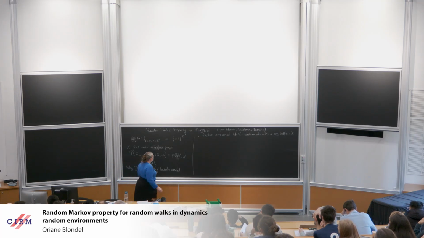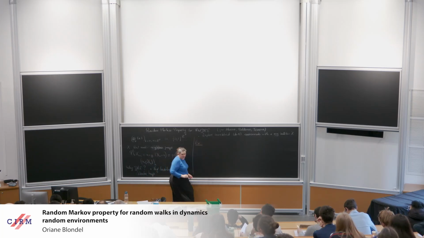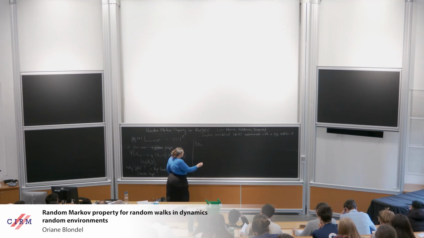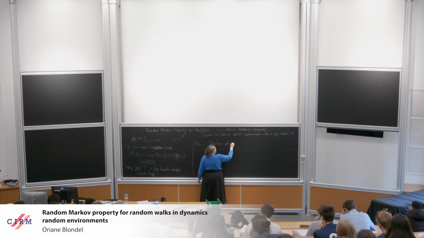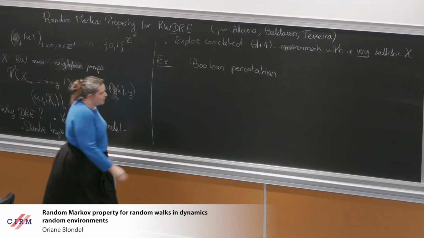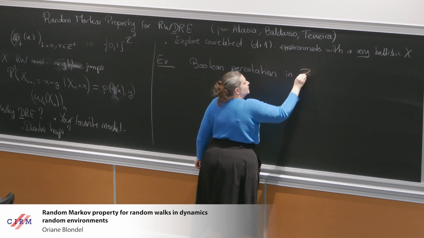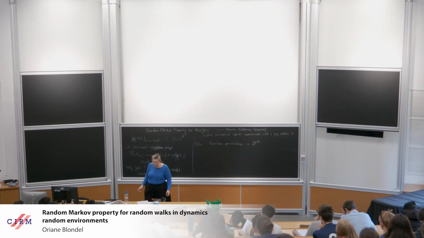So the example that I want to consider is Boolean percolation in dimension d+1. The exact definition doesn't really matter.